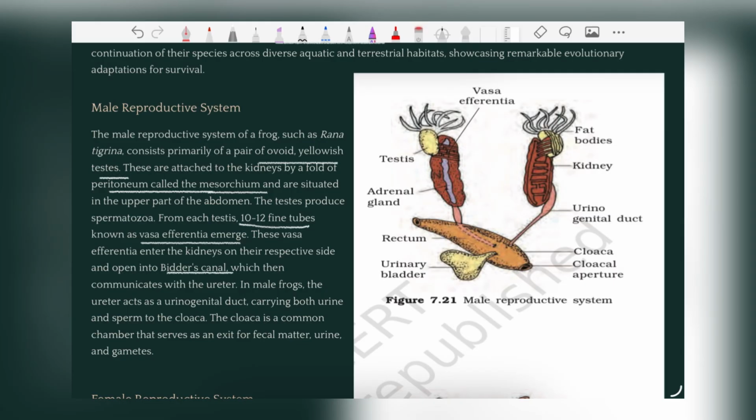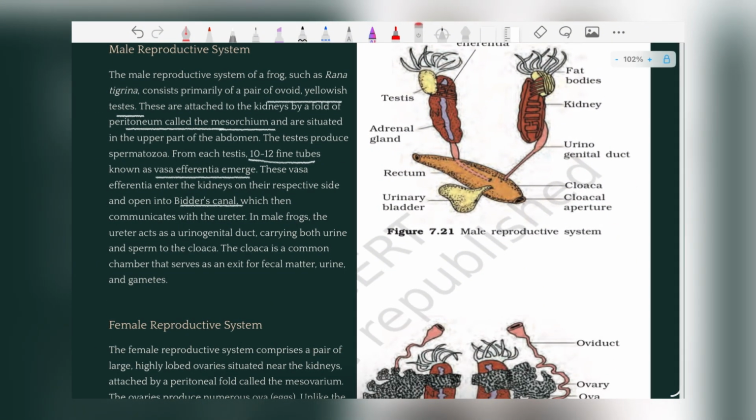In the male frog, the ureter acts as a urinogenital duct carrying both urine and sperm to the cloaca. The cloaca is a common chamber that serves as an exit for fecal matter, urine and gametes.